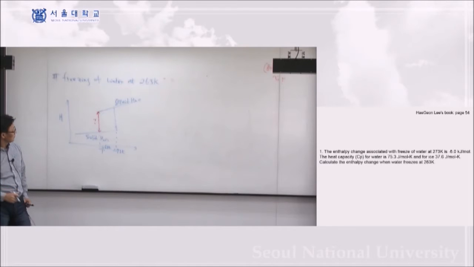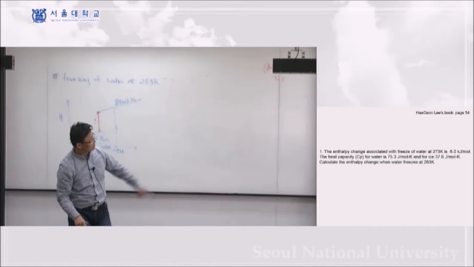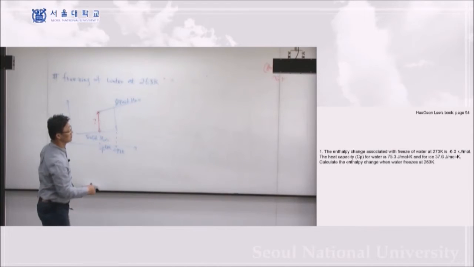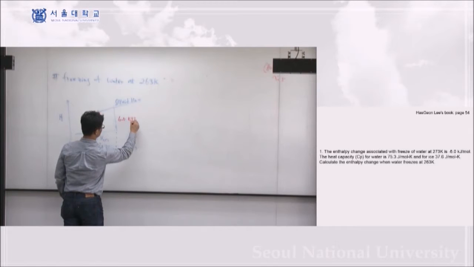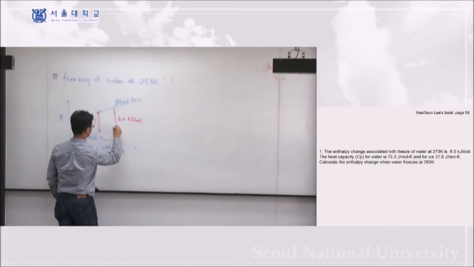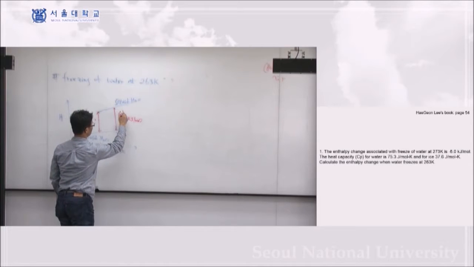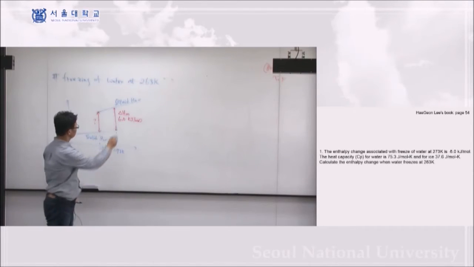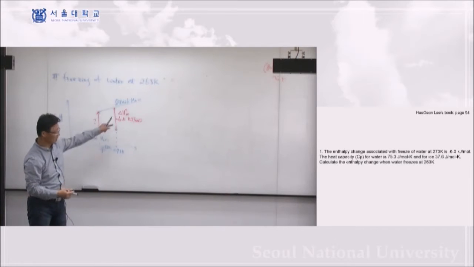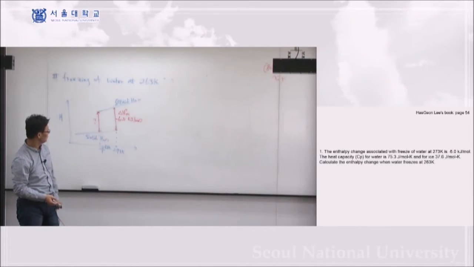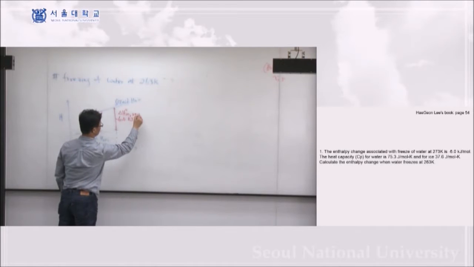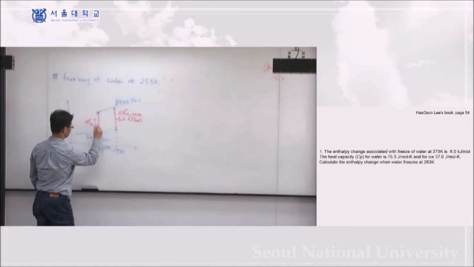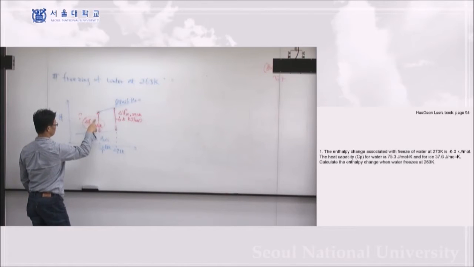And this value here is given. That's 6.0. So this is delta H of melting, for example. Freezing is minus, so it's minus 6.0. And I want to calculate this delta H of melting at 263 Kelvin. I want to calculate this value.